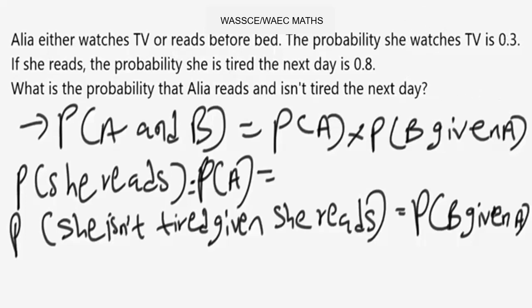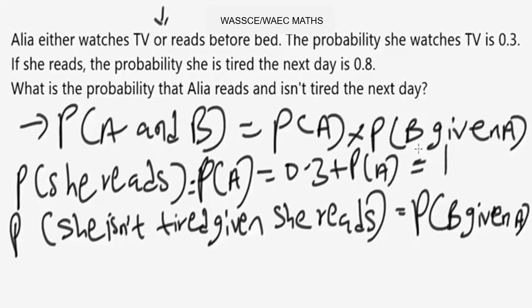Remember, the word or signifies addition, so 0.3 for TV plus the probability she reads, which is event A, equals 1.